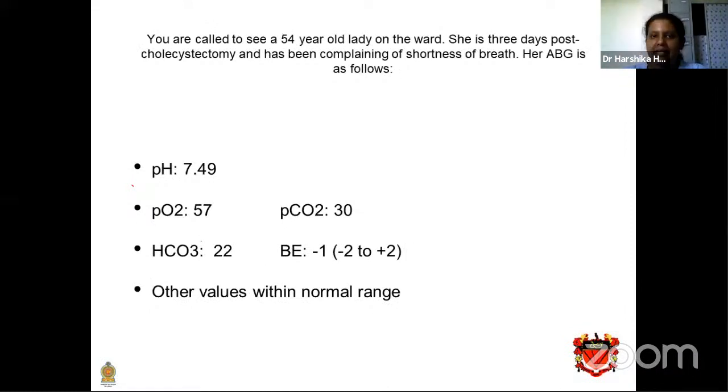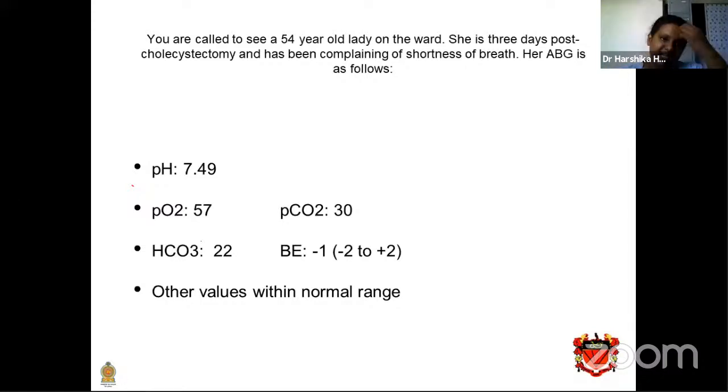So let's look at this example. You are called to see a 54-year-old lady on the ward. She is 3 days post cholecystectomy and has been complaining of shortness of breath. Her ABG is as follows.